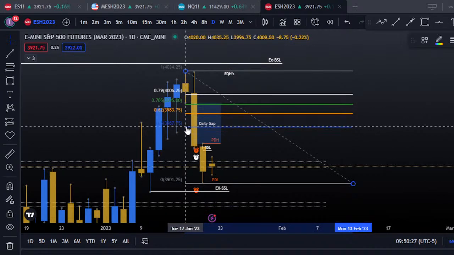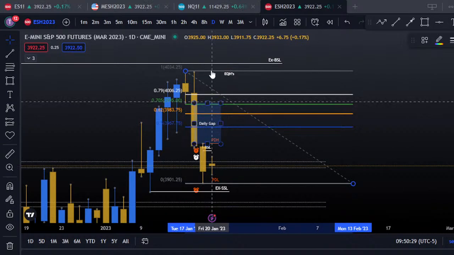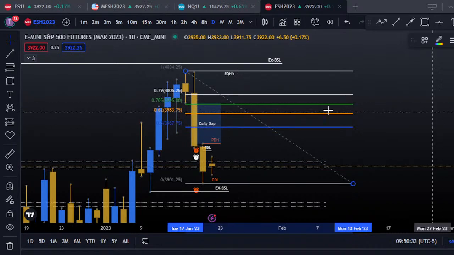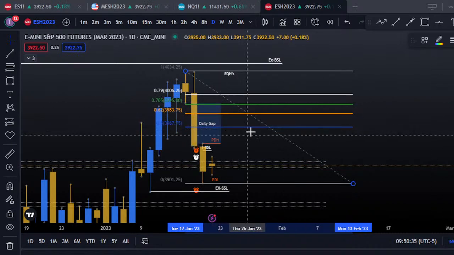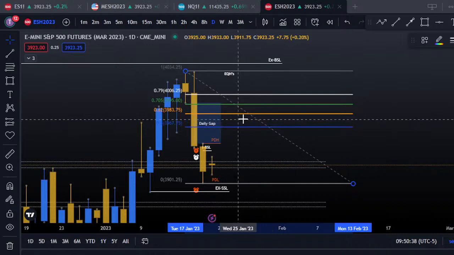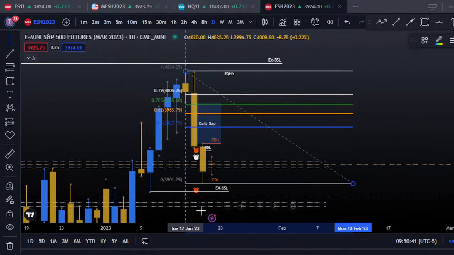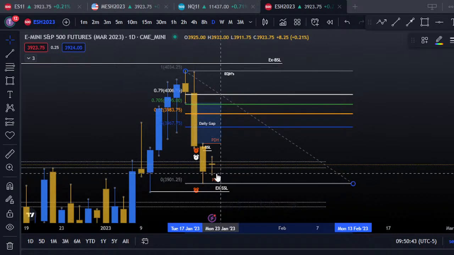At 50%, if it was to pull back and retrace, get past 50%, it will be back into a premium, meaning you want to sell when the price is at a premium, you want to buy when price is at a discount.